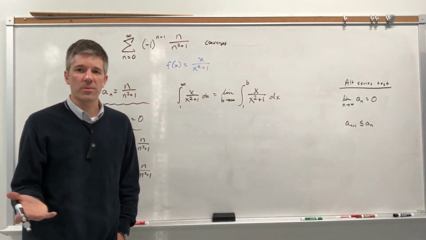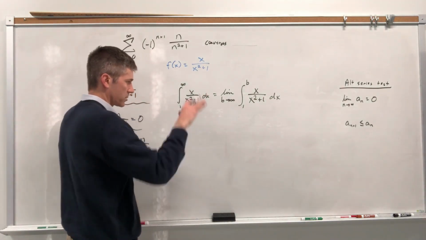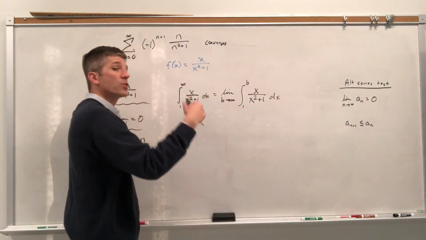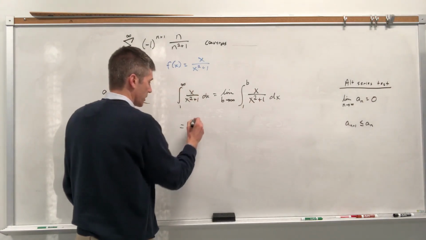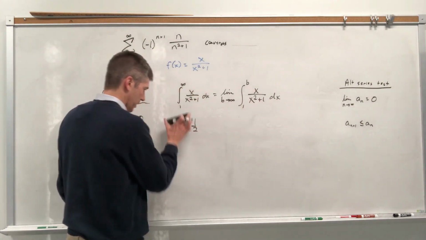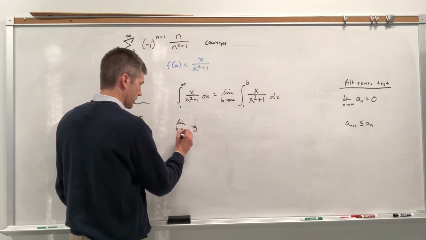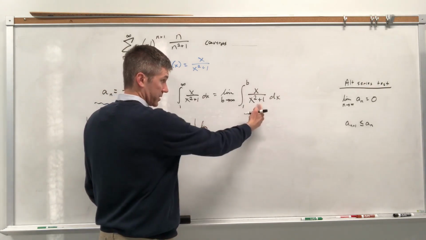All right, we're going to use some u substitution, and we're going to do it kind of in our head, so I'm not going to turn it into u's and all that stuff. But if I said u was the denominator, then I would have 2x as my derivative. I don't want 2x, I want 1x. So I really would end up with 1/2. Whoops, forgot my limit. Hate it when that happens. Limit as b approaches infinity of 1/2 natural log, because that's the denominator.